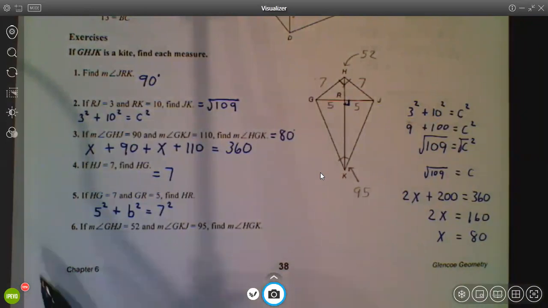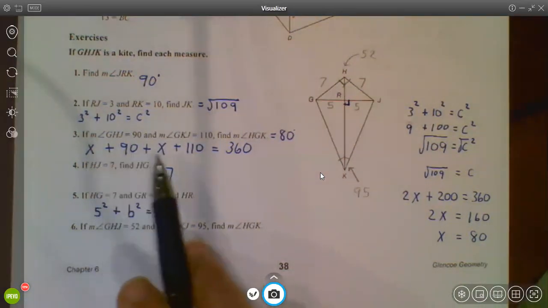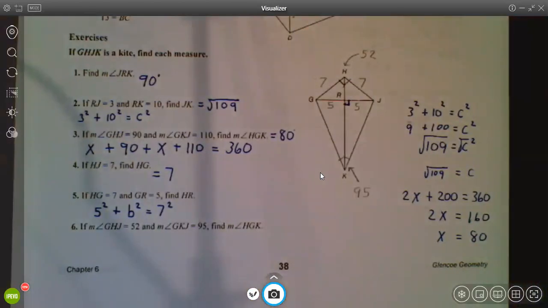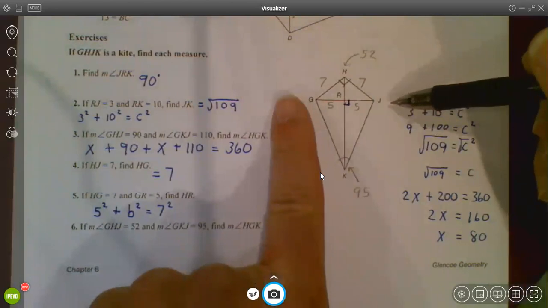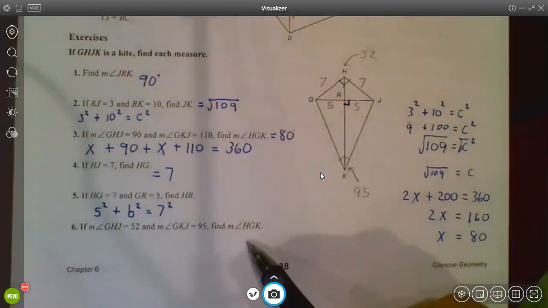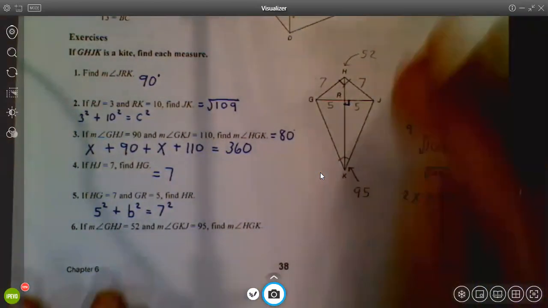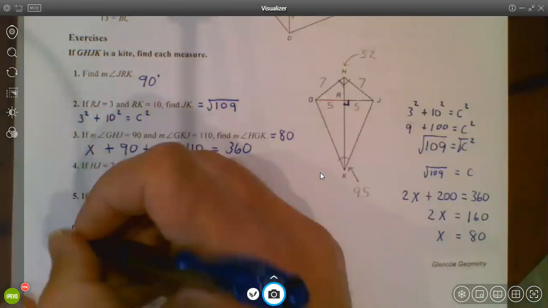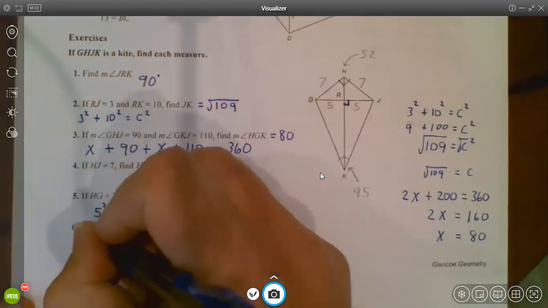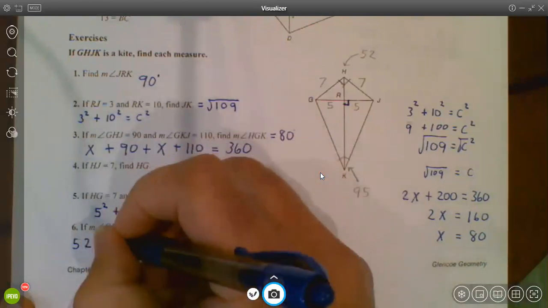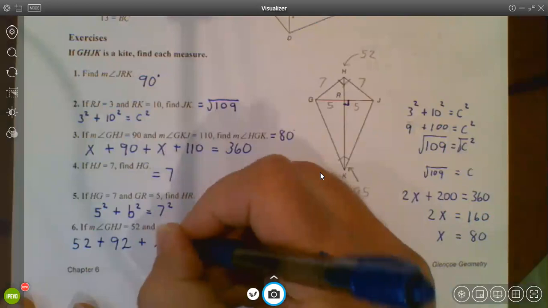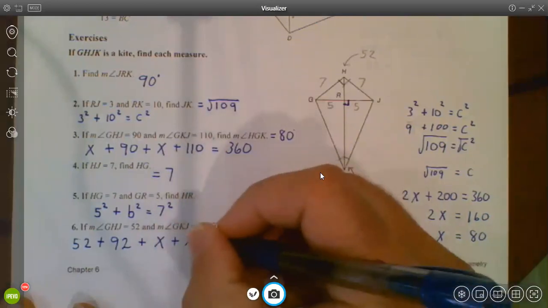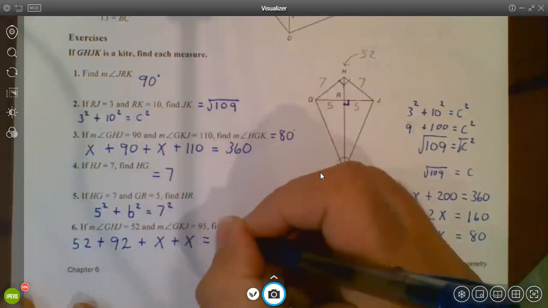Guys, hopefully you're looking at number 3 as you're doing this because it's super similar. Again, these guys are not the same, which means these two are the same. And I know they all 4 add to 360 because that's true about any 4-sided shape. So we know that the 52 plus the 95 plus the other 2 angles, which are both the same, so I'm going to call them both x, have to add to 360.